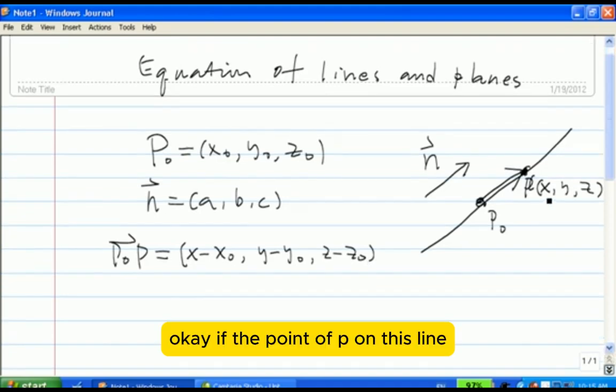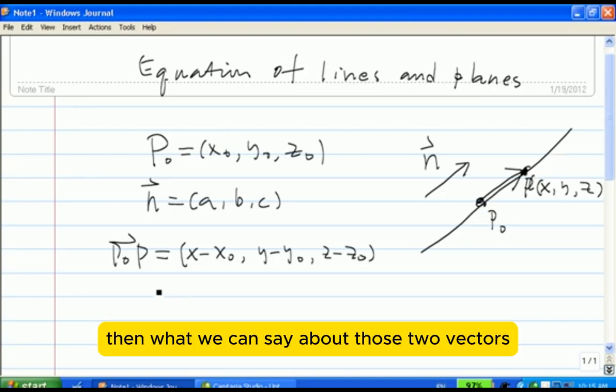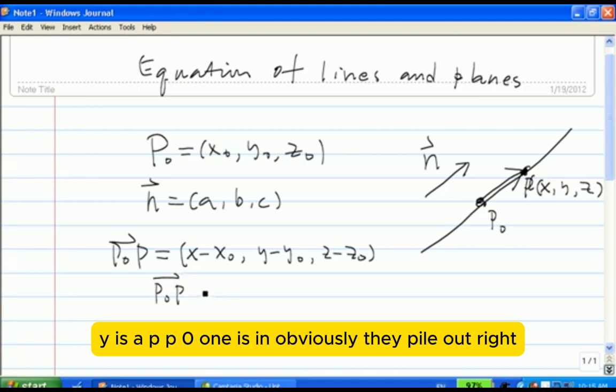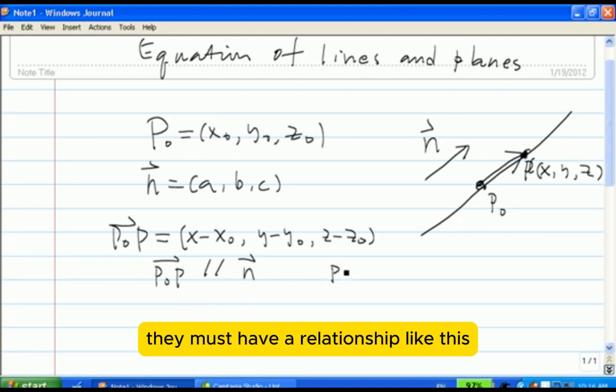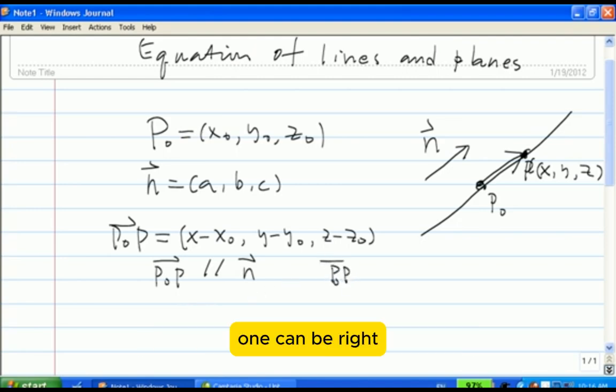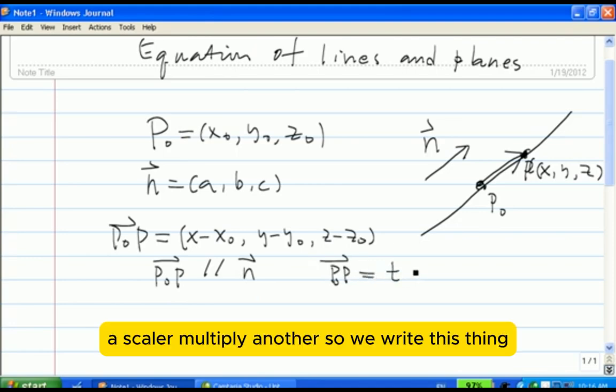If the point P is on this line, then what can we say about those two vectors, P0P and n? Obviously, they are parallel, right? Any two parallel vectors must have a relationship where one is a scalar multiple of the other.